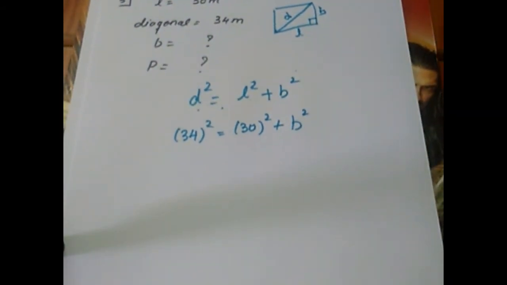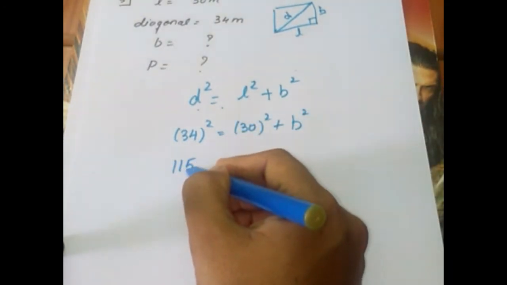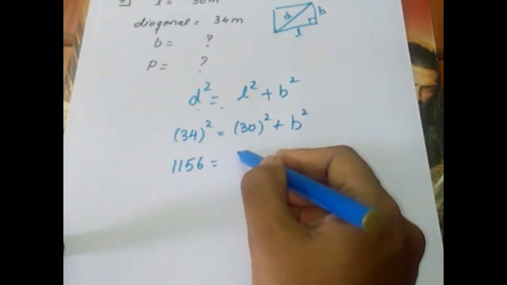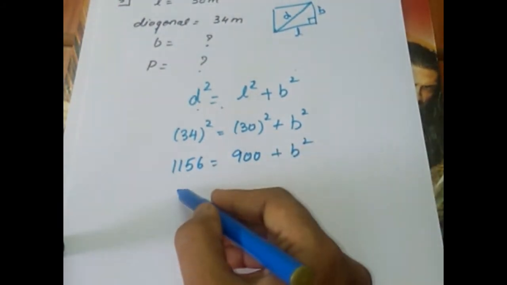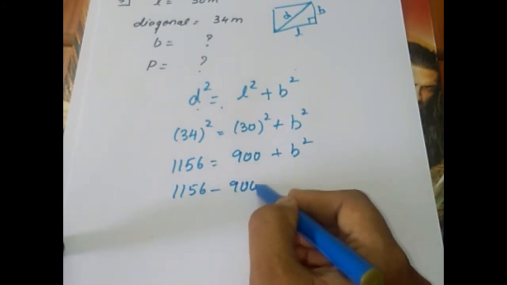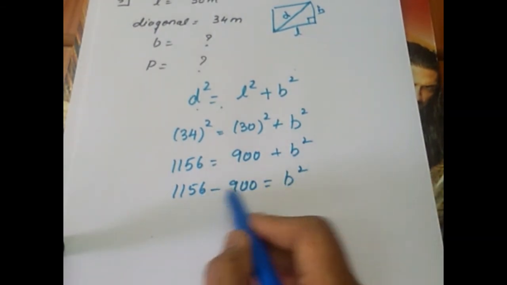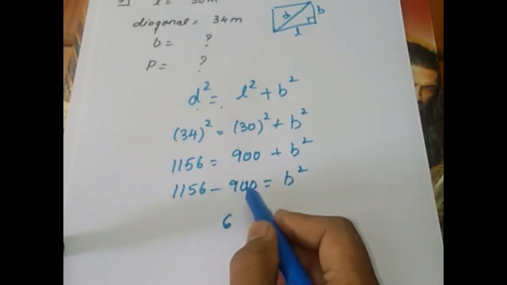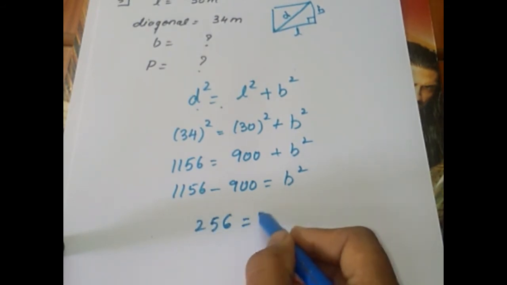34 square, 34 into 34, find out the product. It is 1156. 30 square is 900 plus B square. So 1156 minus 900 is equal to B square. 6 minus 0 is 6, 5 minus 0 is 5, 11 minus 9 is 2.